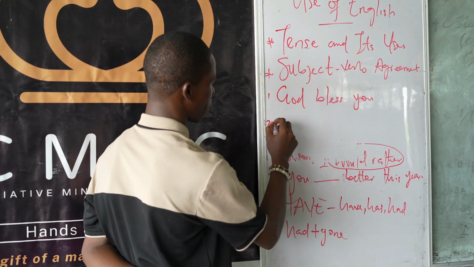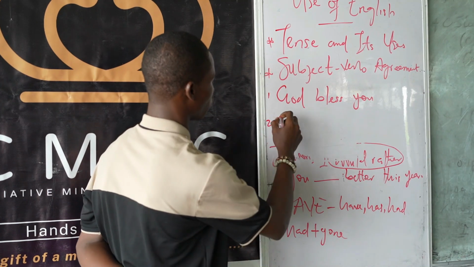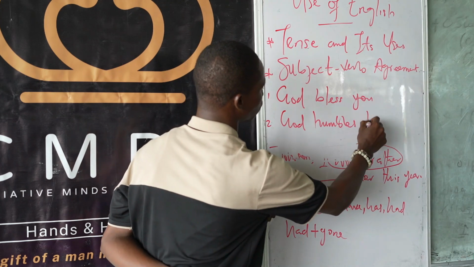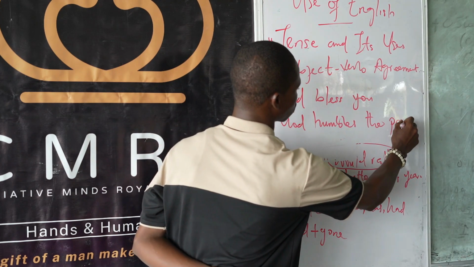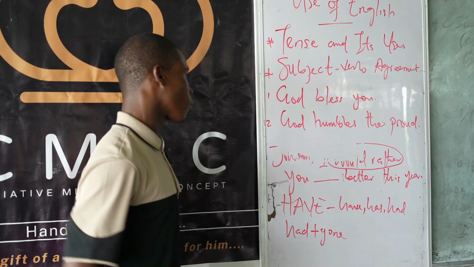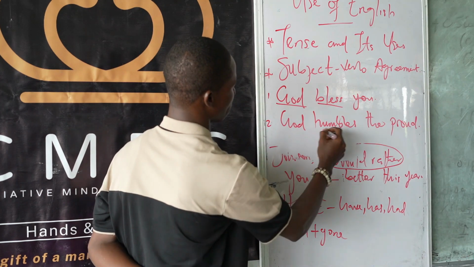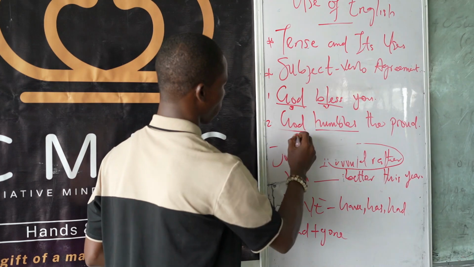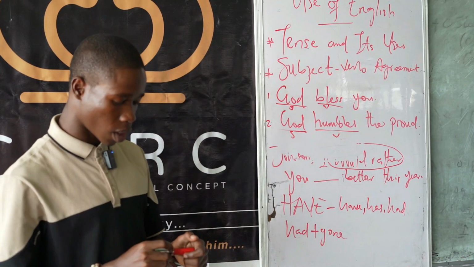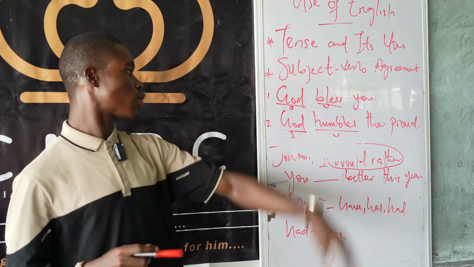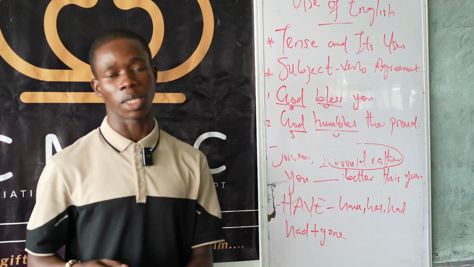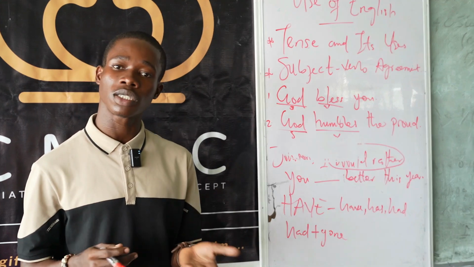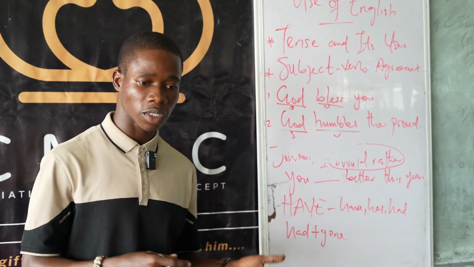And then number two, God humbles the proud. Look at this. God bless you. God humbles the proud. And we've said a singular subject follows a singular verb. A plural subject follows a plural verb.